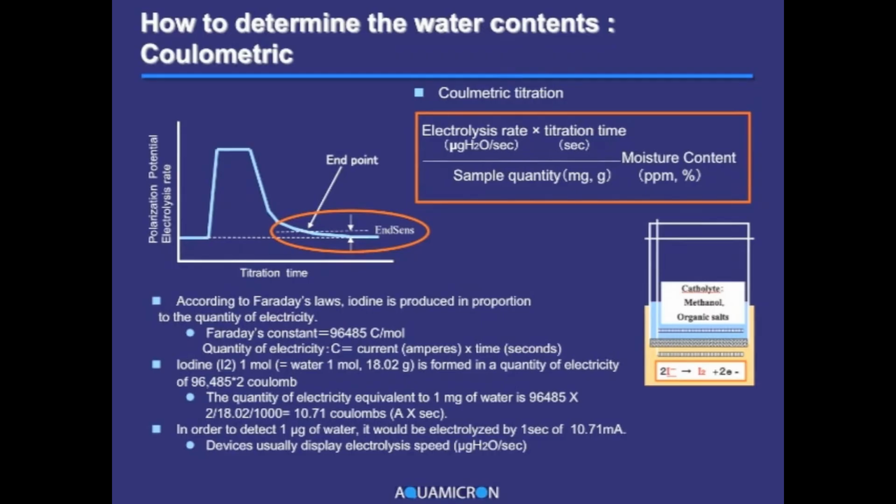The electrolyzing velocity is calculated from the electrical current in the same way as mentioned before and displayed digitally as micrograms per second at the top of the analyzer. I hope you can now understand fully the reason why colorimetric titration is suitable for measuring trace amounts of water.